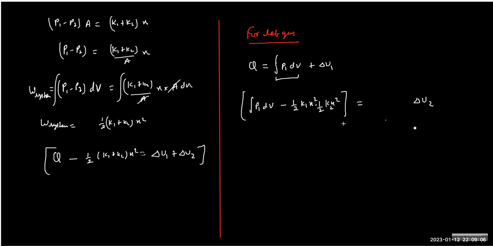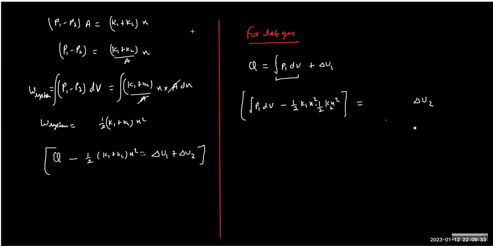The reason is the first piston is compressing, and all of the energy received by the second system will change its internal energy. The P2 is not required as well. This is the work done. Out of this work, this much energy is consumed by the spring. The remaining energy will go to the second gas itself, isn't it?